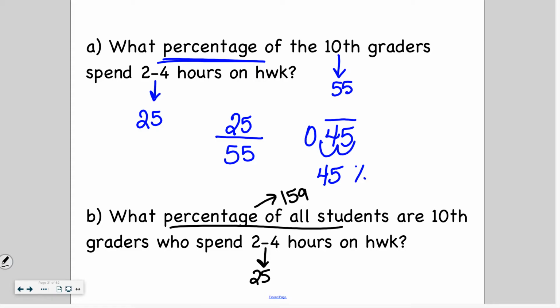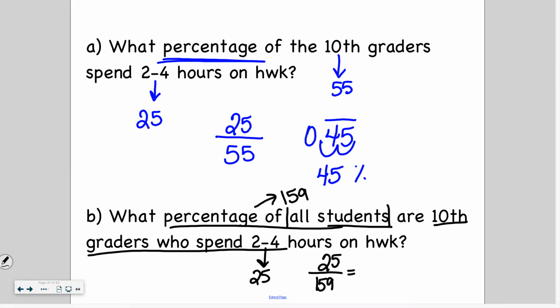Now we're going to do the exact same thing that we did just a minute ago. Okay? So our whole is right here. Our part is the 10th graders who spend 2 to 4 hours. So we're going to divide our part by our whole. So 25 divided by 159.